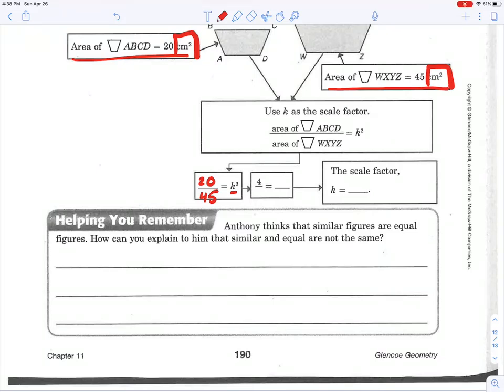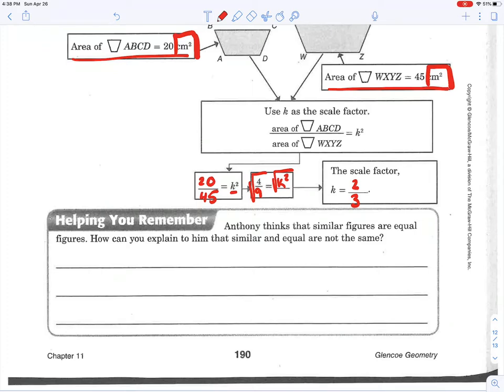Okay, so now I'm just going to go through and solve for my k. Well, first I notice that I can simplify this. I can divide top and bottom by 5, so I get 4/9 equals k squared. Now, to get rid of squaring, I have to square root. So the square root of 4 gives me 2, and the square root of 9 gives me 3.